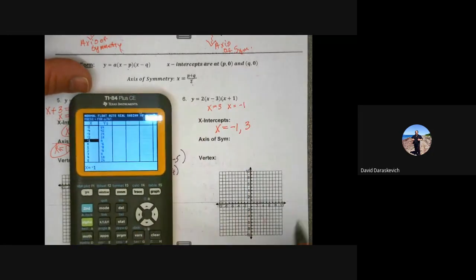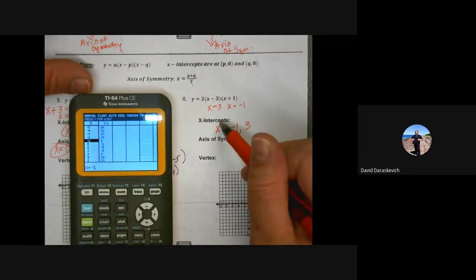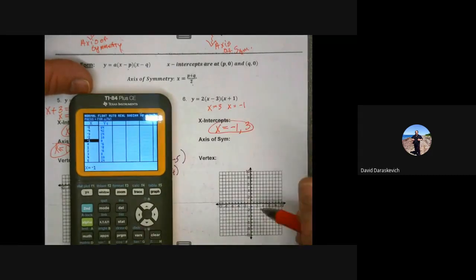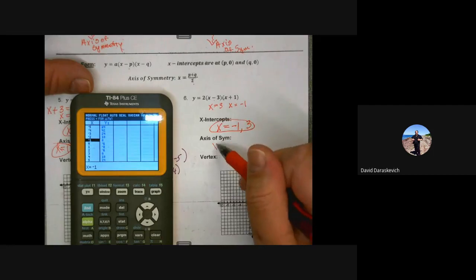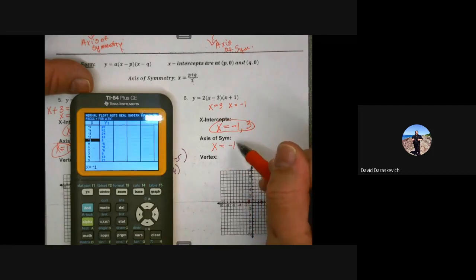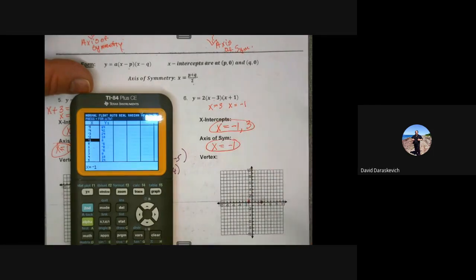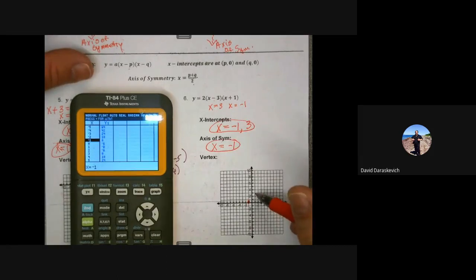Okay, so there's my x-intercepts, -1 and 3. Axis of symmetry, x equal -1. Got that right this time.